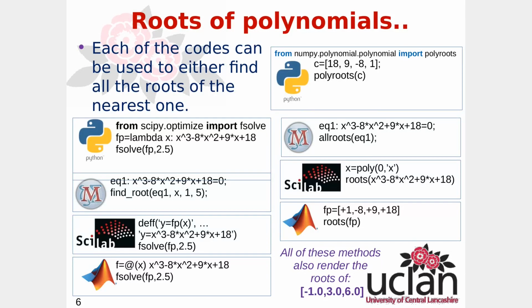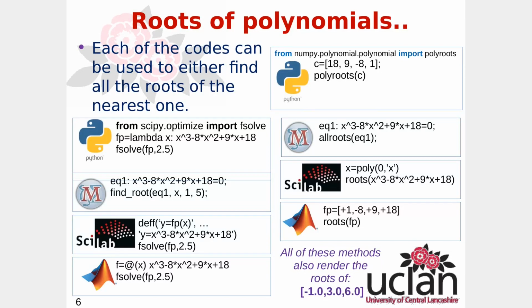In Maxima, it's simply a matter of setting up the equation equal to 0 and saying find root of equation 1 of x between the values of 1 and 5, as it will use a bisection type method. More on that as we move later on in this particular video lecture.